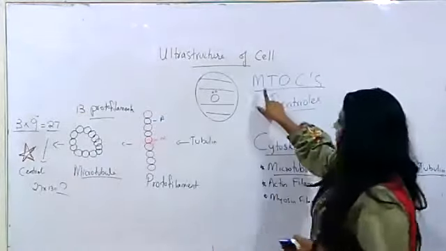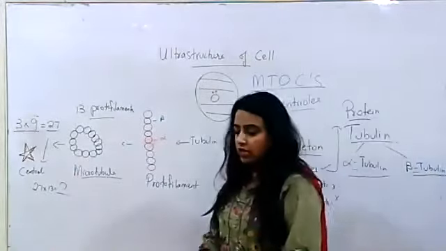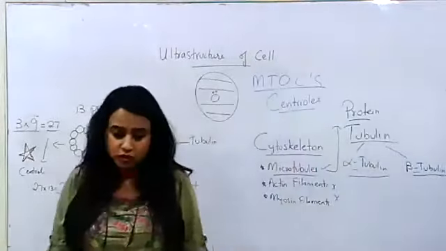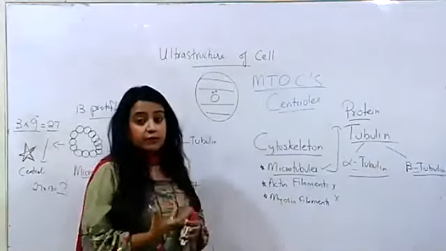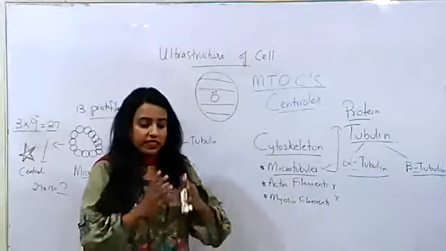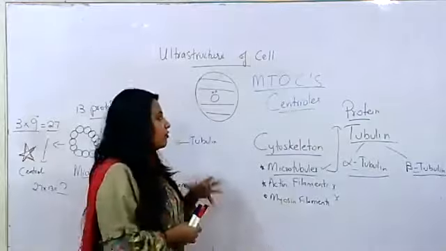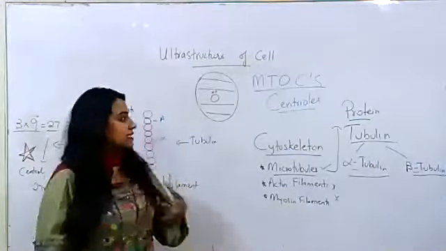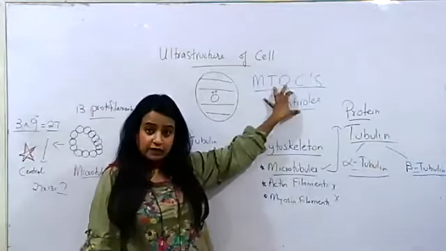What is MTOCs? For years, we thought that spindle formation... There is a term known as mitotic apparatus, known as spindle. When the cell is dividing, spindle is formed, right? So for years we thought that cell division is controlled by centrioles, right?